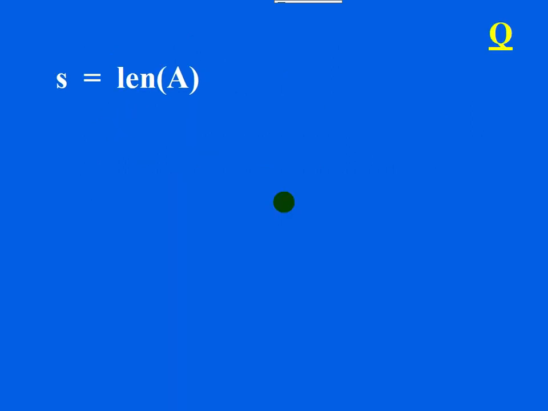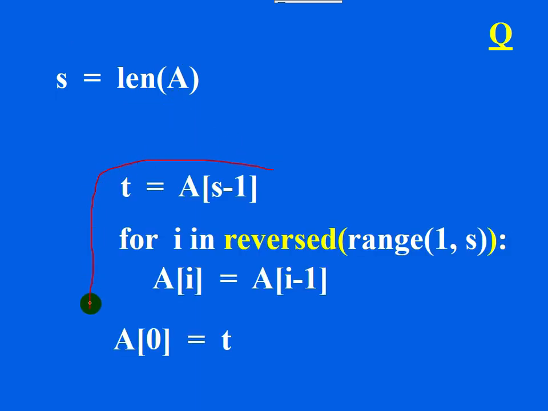Initially, the length of list A, the number of elements present in list A, is stored in a variable S. So S contains the number of elements present in list A, or size of list A, and this is the code that we have derived. So using this code, you can shift all the elements by one position to the right.